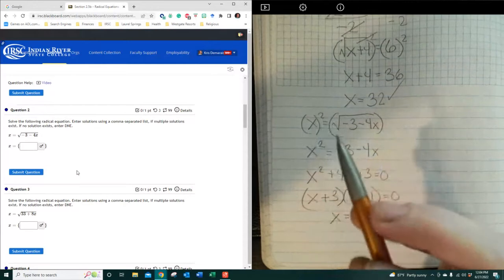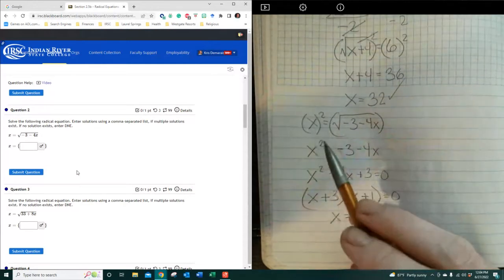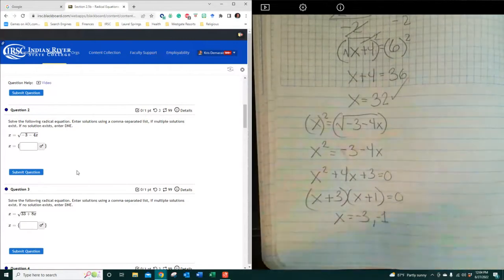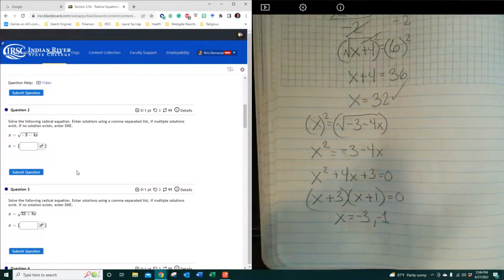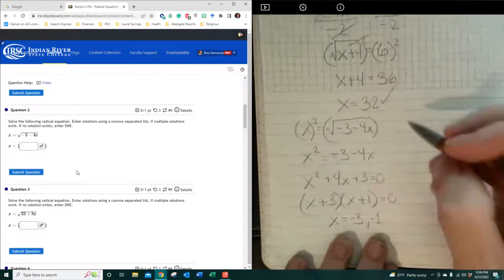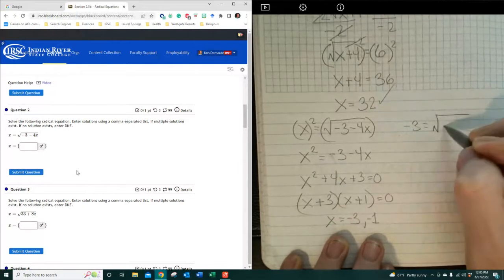Again, there's no single number that, when we take the radical of it, is going to yield a negative value. So when we put negative 3 into the original equation, you're going to get negative 3 equals some value, who cares.